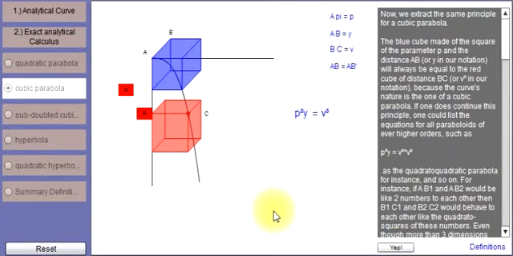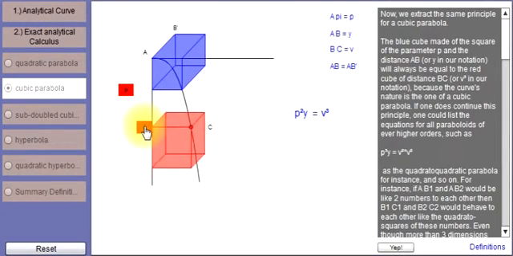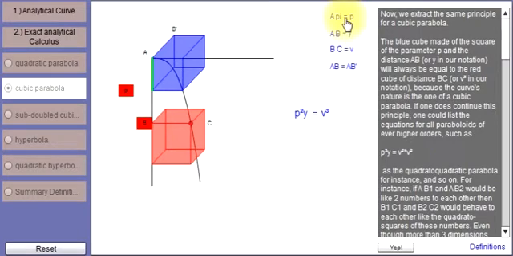Like this one. In this representation we have a cubic parabola, and the cubic parabola is basically made up of the analytical expression that you have on one side of the equation a quadrature, which is made up by the square of the parameter p, and y, so the abscissa.